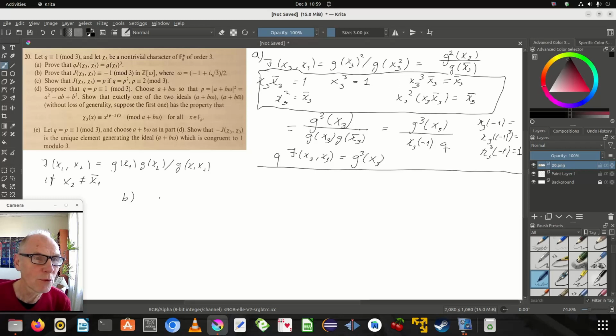So we have to prove that 3 divides 1 plus j chi3, and set extended with square root -3, or the integers of q extended with square root -3.